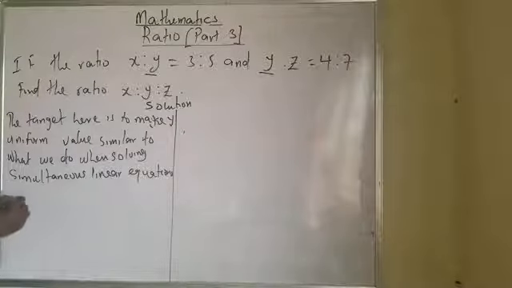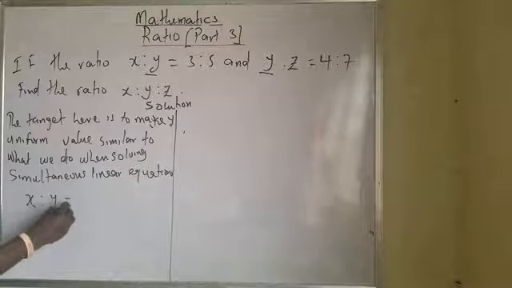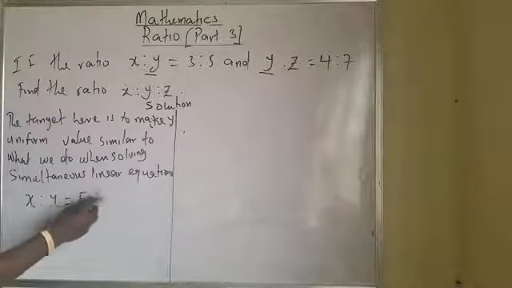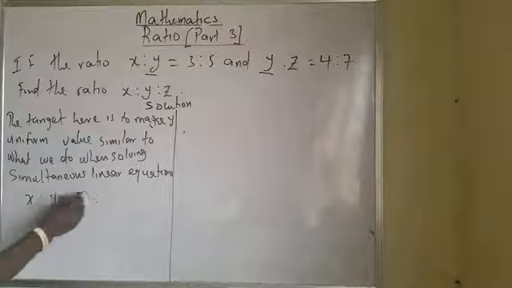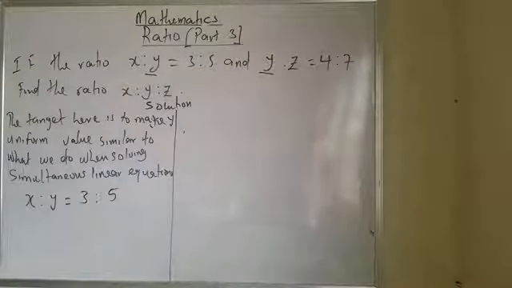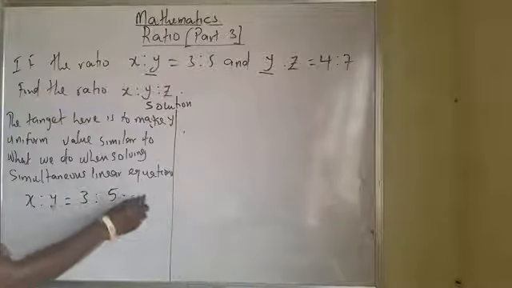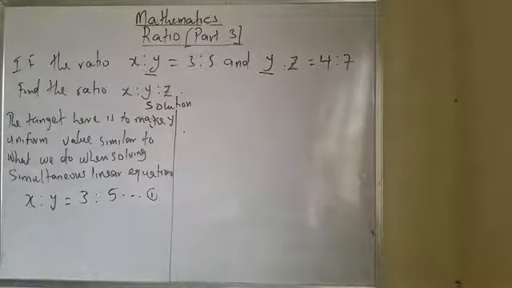I would just write x ratio y equals 3 ratio 5, and I will call this one equation 1, the same way we handle simultaneous equations.